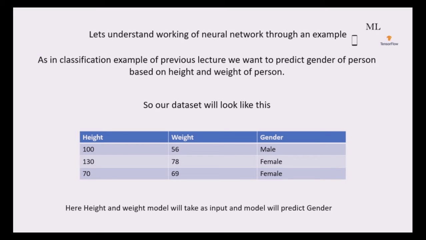Let's understand the working of neural networks through an example. As in the classification example of the previous lecture, we want to predict the gender of a person based on height and weight. So our dataset will look like this. We have three columns in our dataset. The first is height, the second is weight, and the third is gender. Height and weight will be the features and gender is the label that our model will predict.